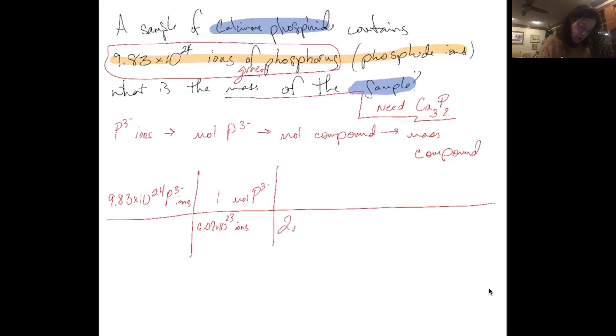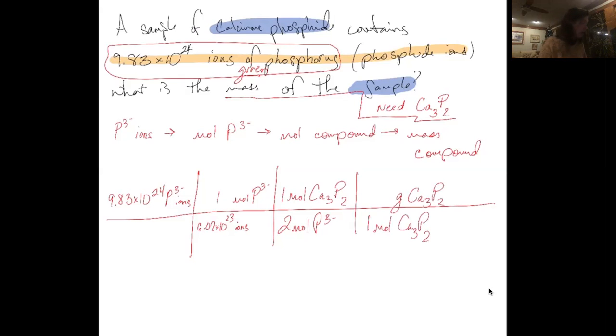There are 2 moles of phosphide ions for every 1 mole of calcium phosphide. And every 1 mole of calcium phosphide, let's get the molar mass. That's going to be my grams of calcium phosphide.